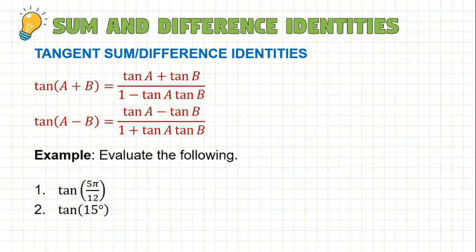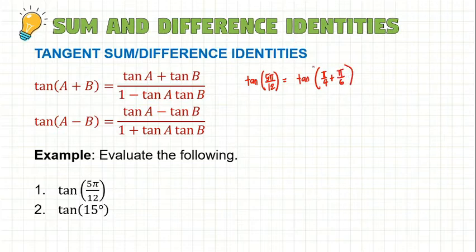So we have tangent of 5 pi over 12 and tangent of 15 degrees. Now, 5 pi over 12 can be written as the sum of pi over 4 and pi over 6. Okay, so therefore, we will have tangent of 5 pi over 12 is just equal to tangent of pi over 4 plus pi over 6.